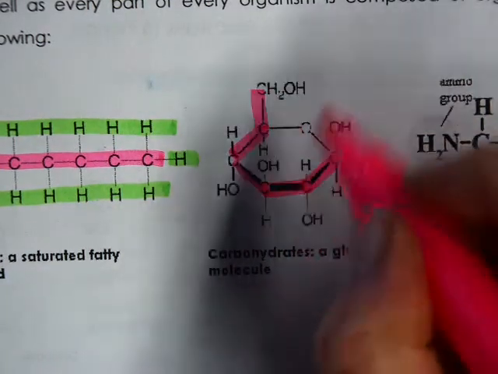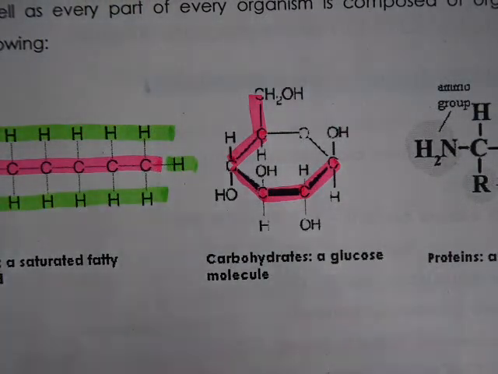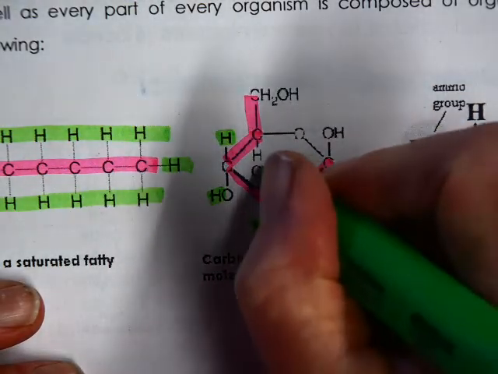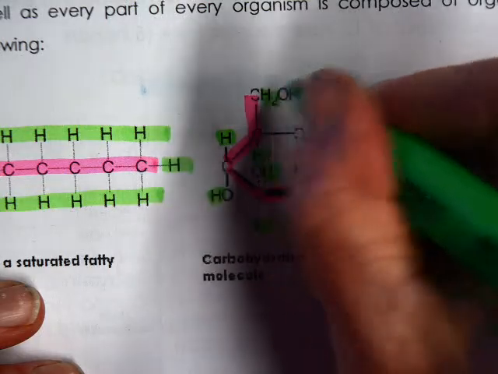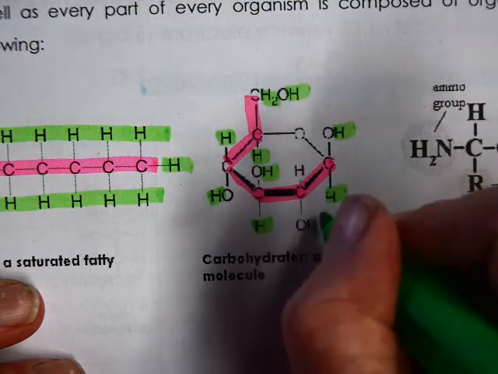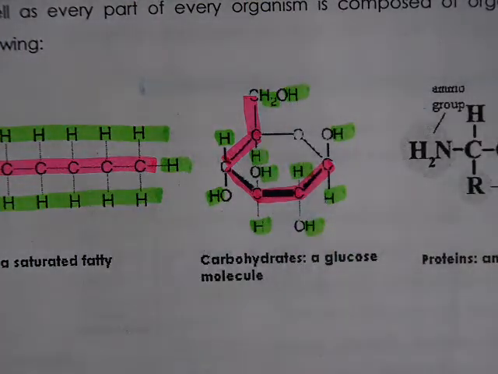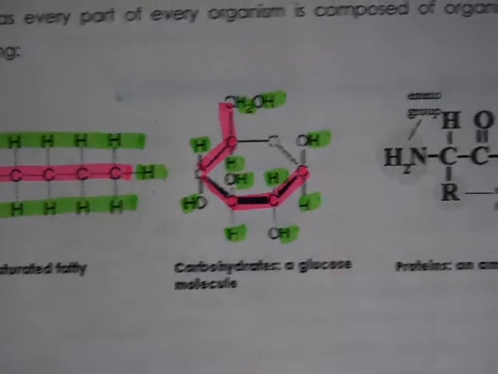So it does have carbon. It is rich in hydrogens. Okay, but it also does have oxygens. But oxygens aren't necessary for it to be organic. It's just necessary to be carbon and hydrogen rich.